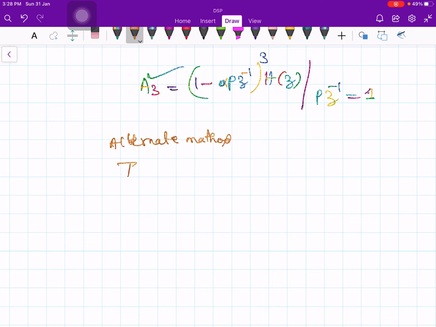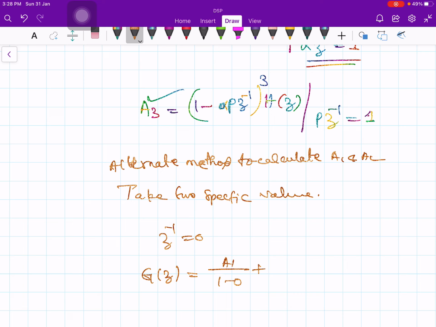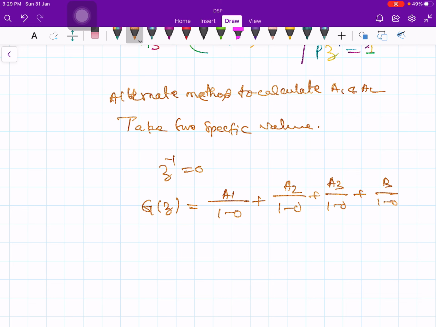Okay, now let's put z inverse equal to 0 in the above partial fraction expansion. If we substitute z inverse equal to 0, then G of z equals a1 divided by 1 minus 0 plus a2 divided by 1 minus 0 plus a3 divided by 1 minus 0 plus b divided by 1 minus 0.